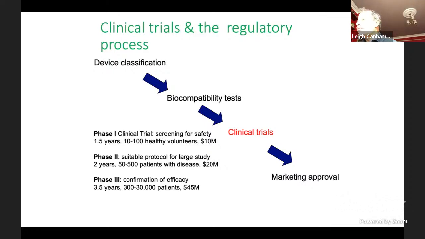And then you get marketing approval, and you can finally use it on patients.